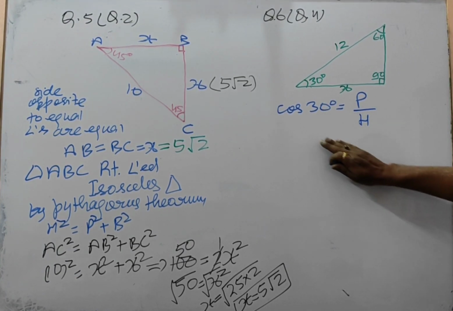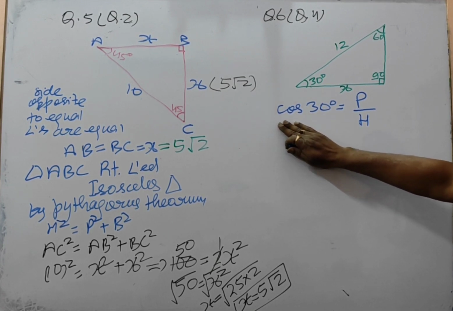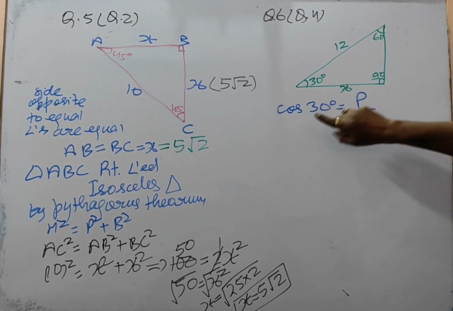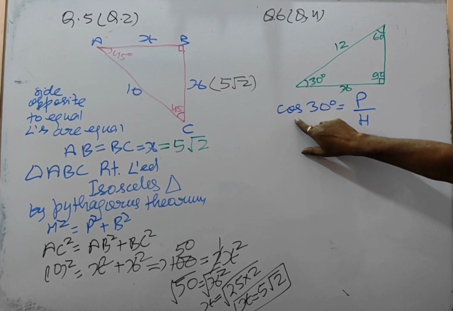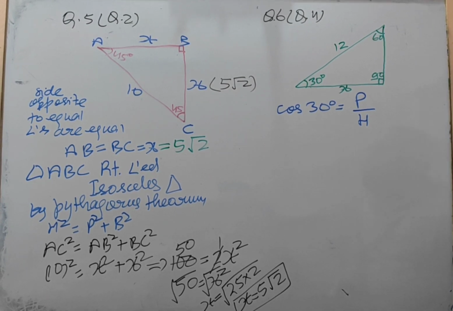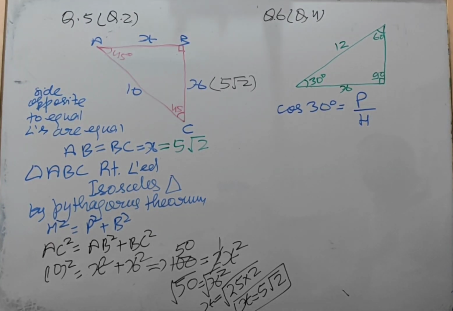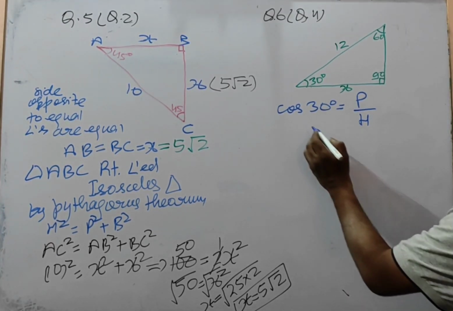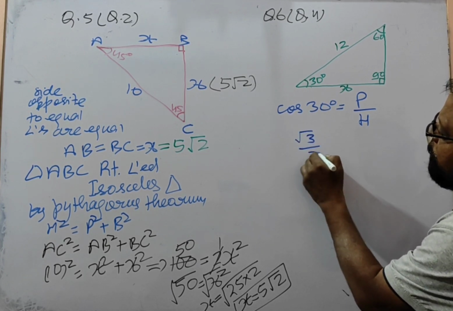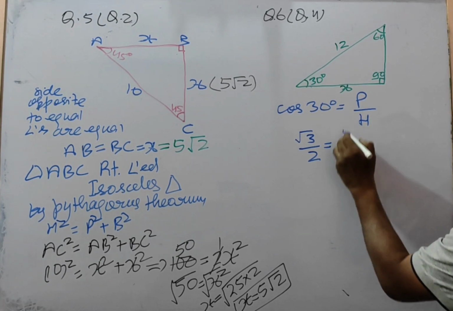This is another formula which is related to trigonometry, because only one side is known but angles are known. These are standard angles, so we know the value. Cos 30 degree is root 3 by 2.